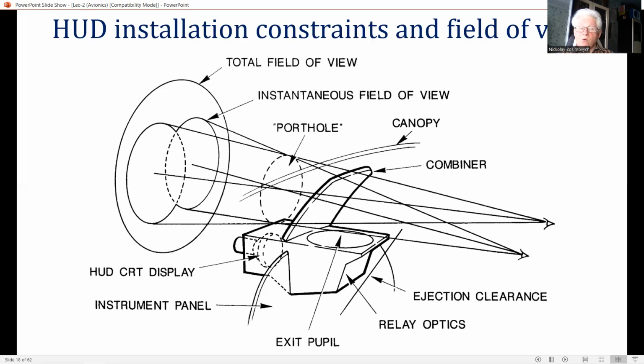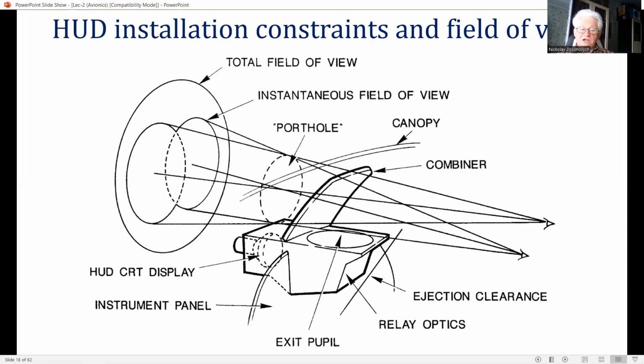In the case of a combat aircraft, there is also the ejection line clearance to avoid the pilot being nicked by the HUD on eject, which further constrains the design eye position. Typical IFOVs range from about 13 degrees to 18, with a corresponding TFOV of about 20 to 25 degrees.